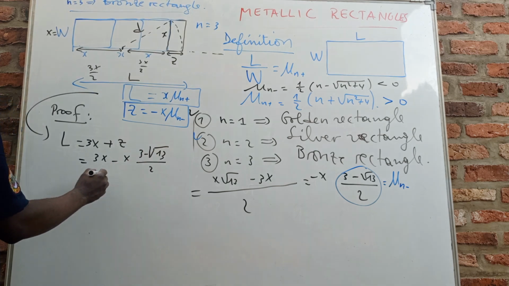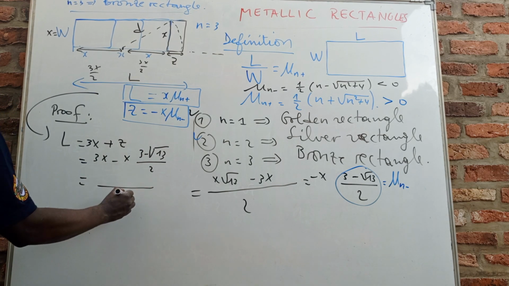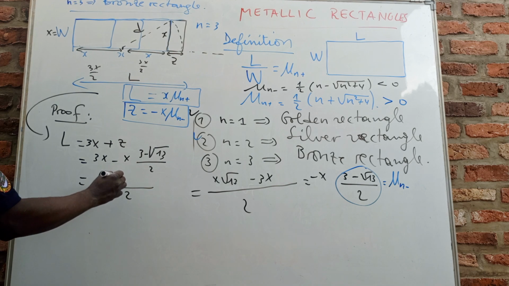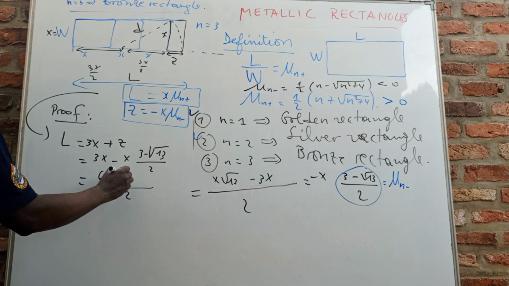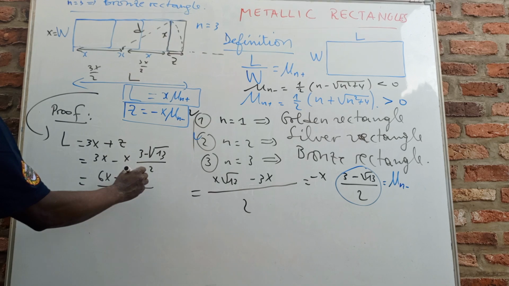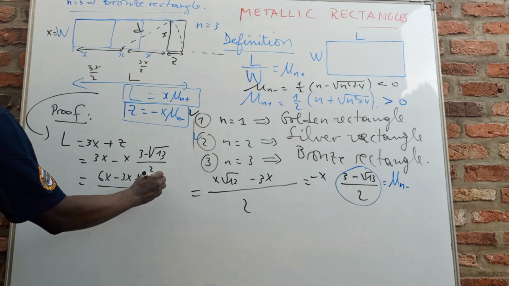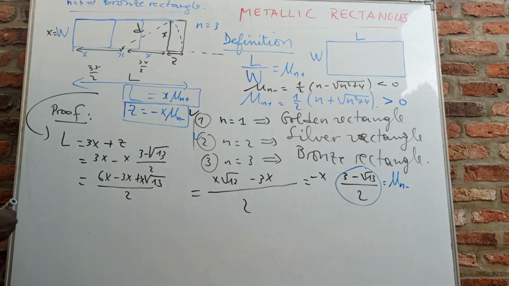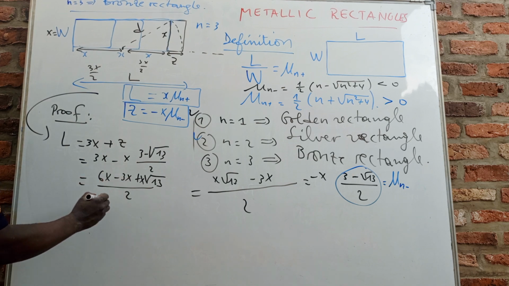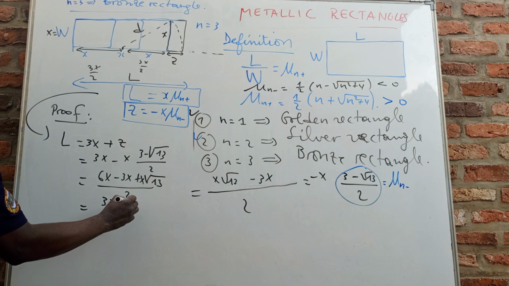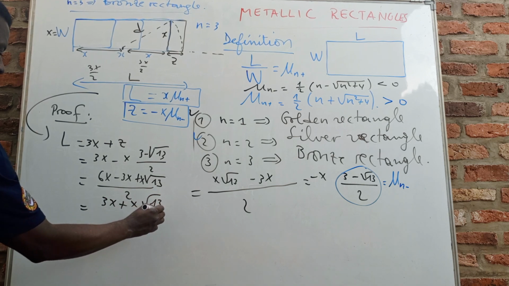Now, common denominator, we bring 6x minus 3x, now plus square root of 13 times x. Now, in this case, again, we have 3x plus x square root of 13 over 2.